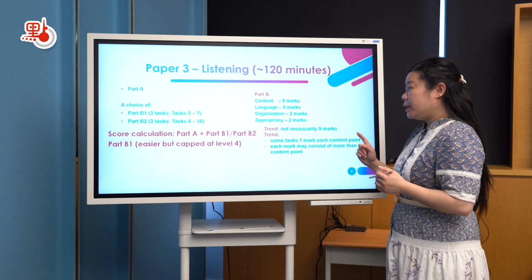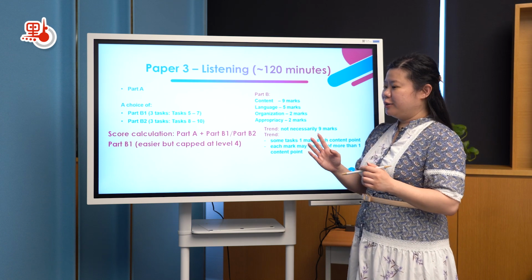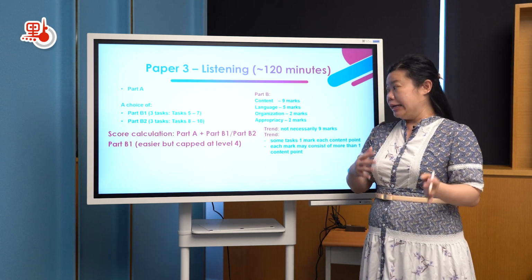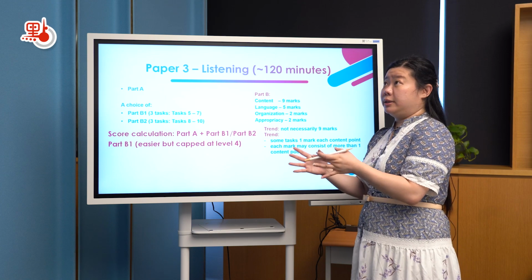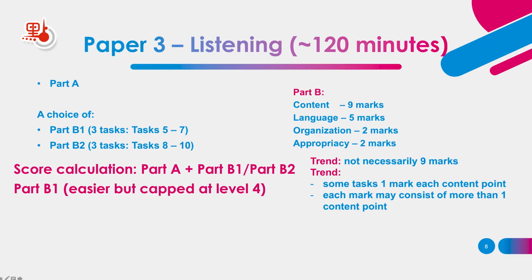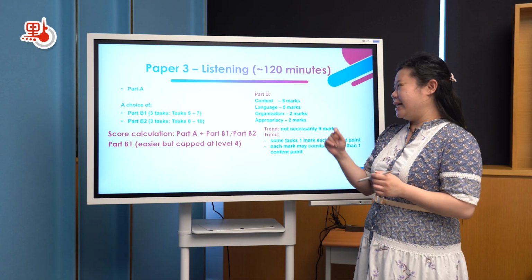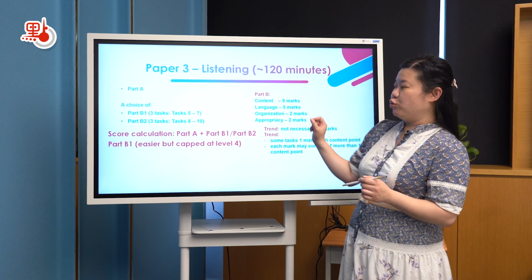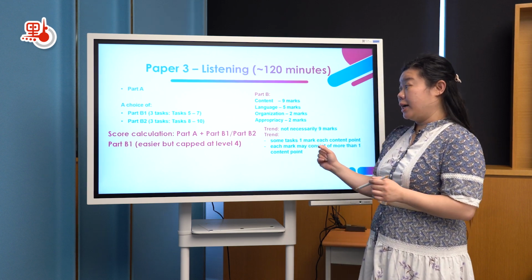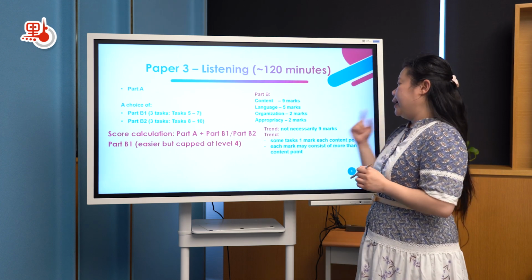And now the new trend is not the same as previous years anymore. These years, not just the last year, but the year before as well, they give 1 mark to each content point. Previously, they might give 1 mark to more than 1 content point. So this is something that you have to pay attention to. Sometimes it's tricky. That's why B2 is a lot more difficult, I'd say, than part B1.